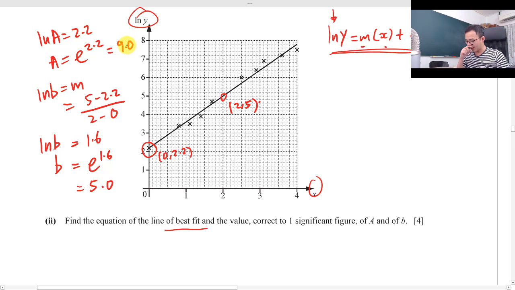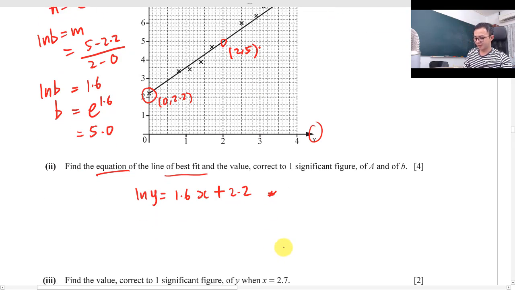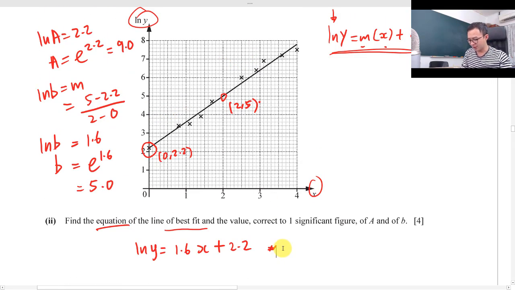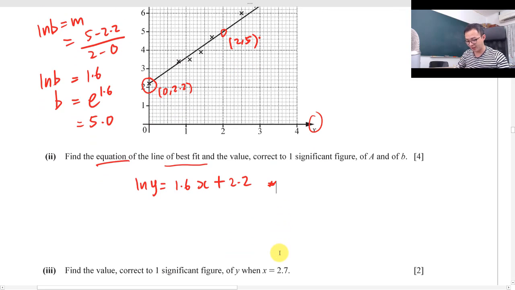Okay, but I want to write out the equation, so I will say ln y equals to my gradient 1.6, right? 1.6x plus 2.2. Yeah, because the question asked me just to find a value for a and b, right? So therefore my a is 9.0, my b is 5.0. Alright, it should be quite easy.